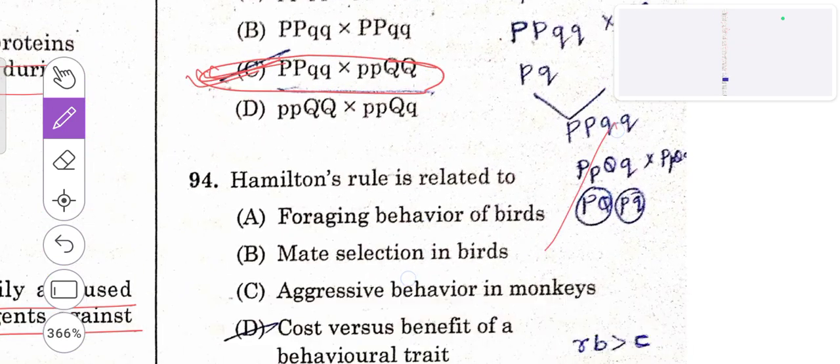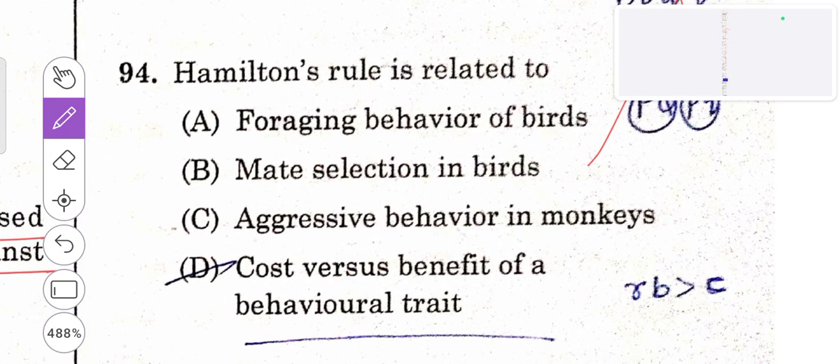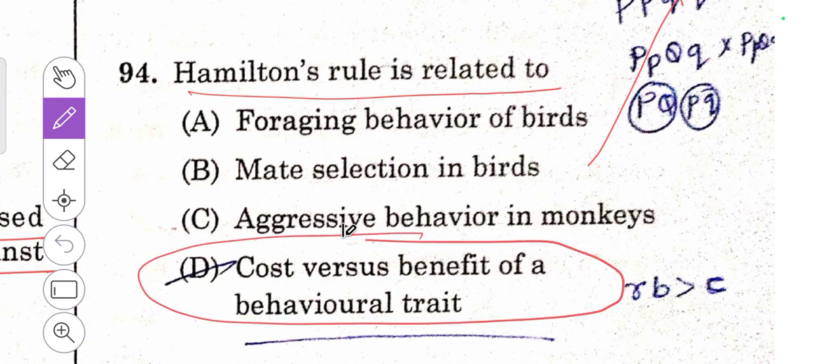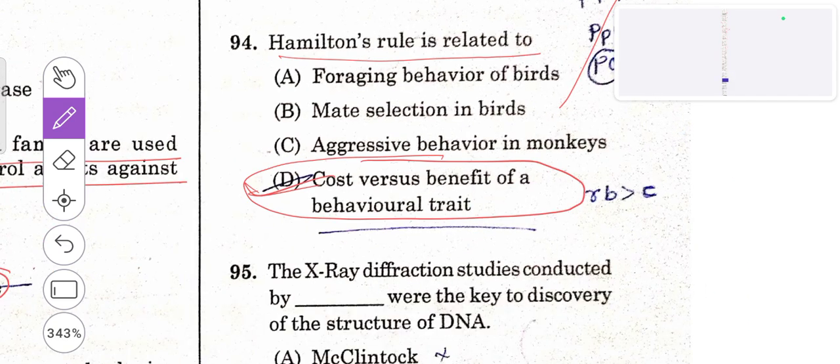Then 94th one. So Hamilton's rule is related to cost versus benefit of a behavioral trait. So D is the right answer.